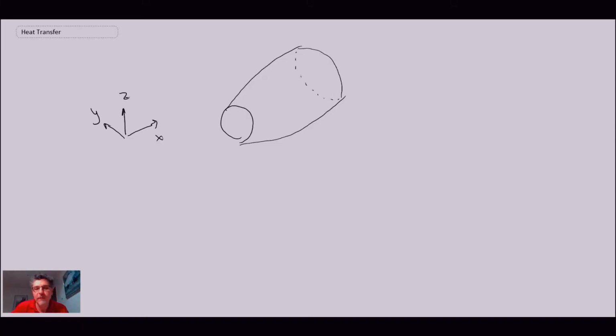Let's assume that we have some chunk of material, a very technical word for it, but it's some piece of material. We have insulated walls. And I'm going to assume that this object is aligned about the x-axis. So that is our x-axis there.